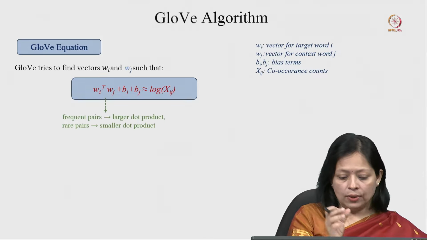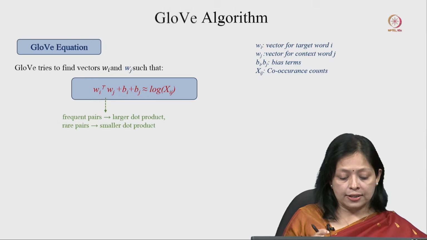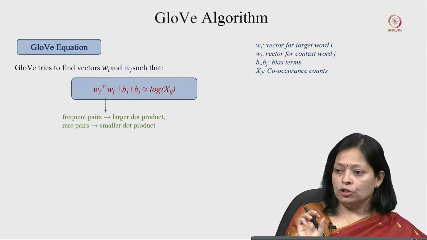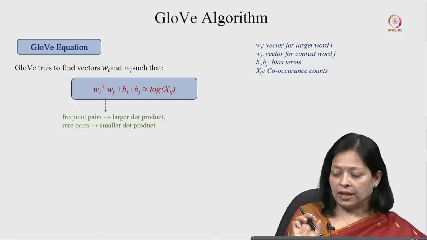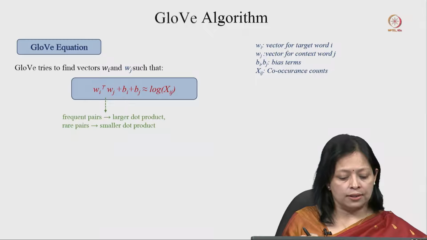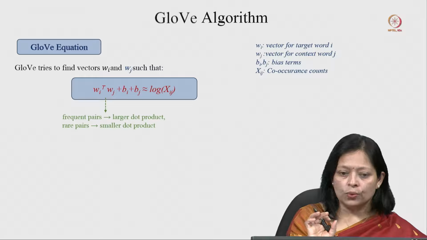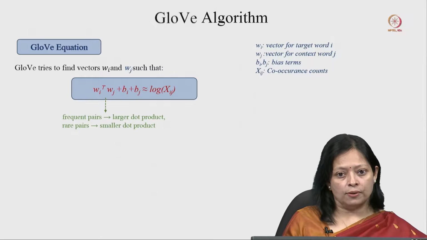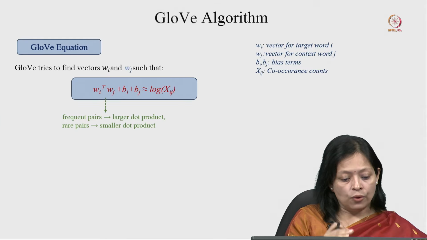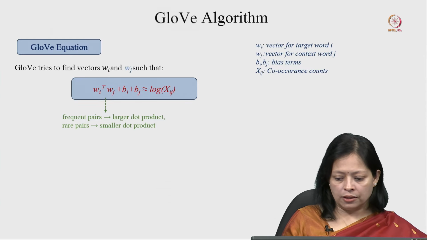Now, what exactly we are capturing by this equation is, when a pair of words are frequently used together, the dot product is large, whereas when two words are rarely used together, the dot product is small. Okay. And how it is getting captured, we will see here once again.